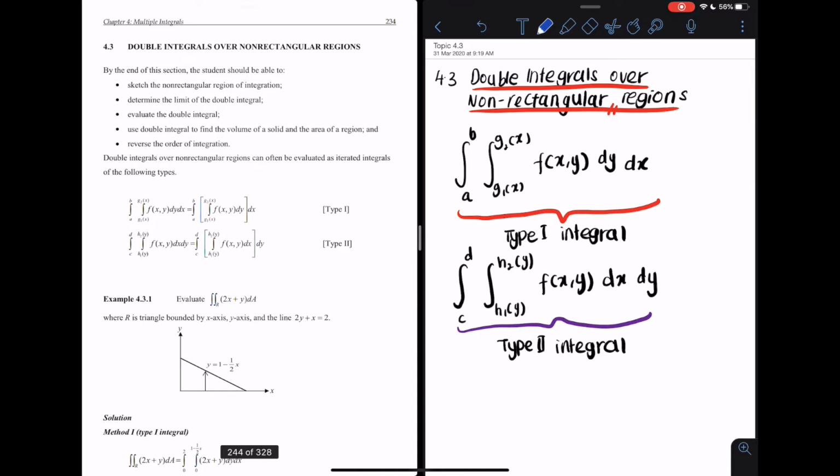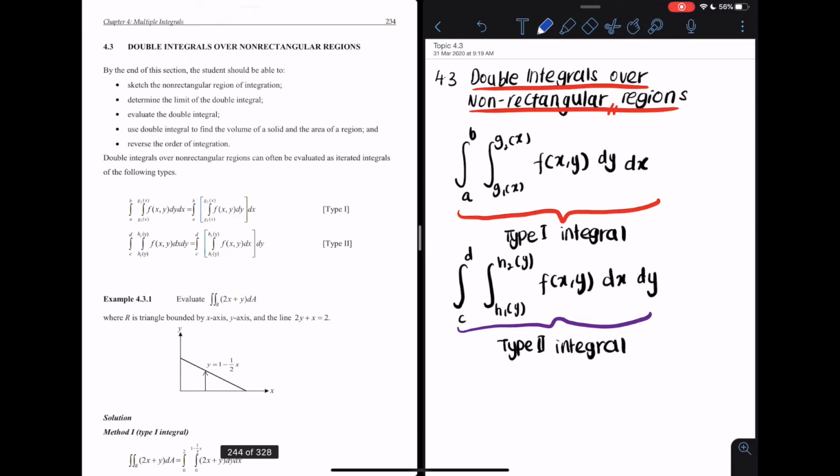Before this, in topic 4.2, we introduced type 1 and type 2 integrals. The same things will happen in topic 4.3. If you look carefully at what I have written here with the module on page 234, you will see some changes in the limits. In 4.2, when we discussed double integrals over rectangular regions, the limits were given as constant values for both variables, y and x.